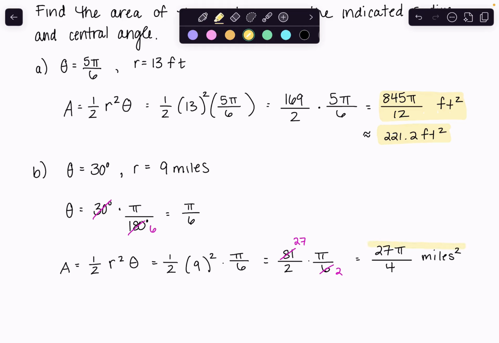So the exact area of the sector is 27 pi over 4 miles squared. If you want to plug this into your calculator to get an approximation, it's about 21.2 miles squared.